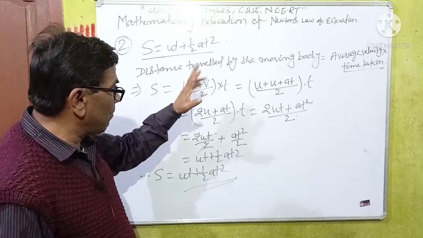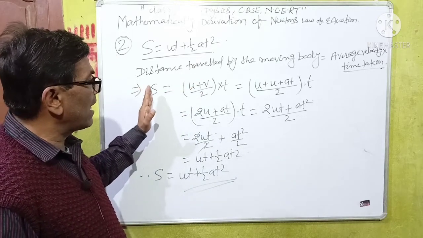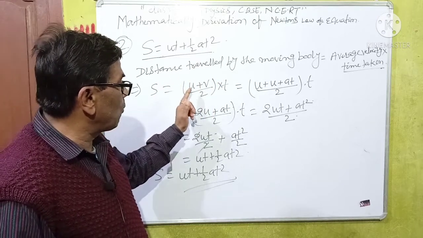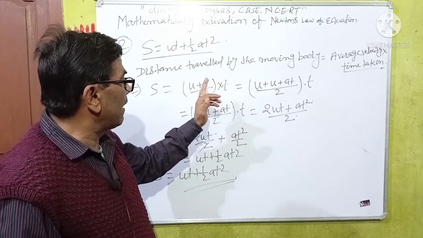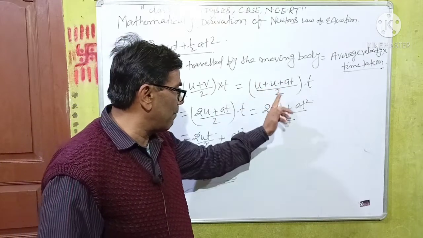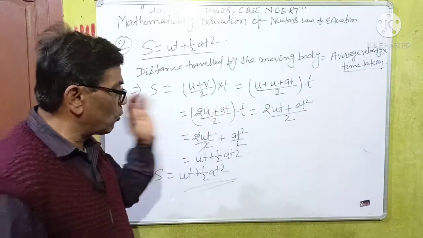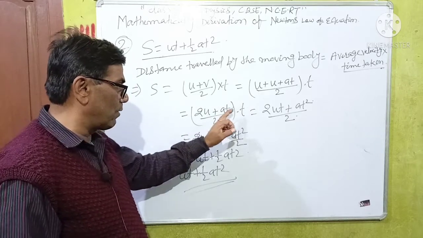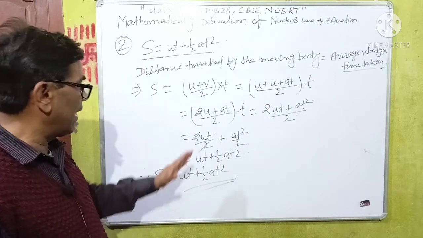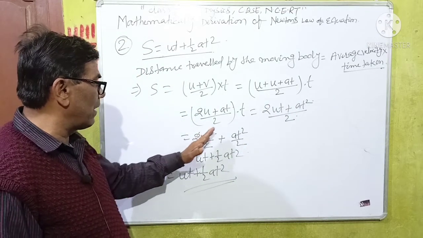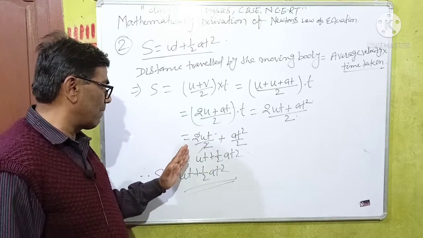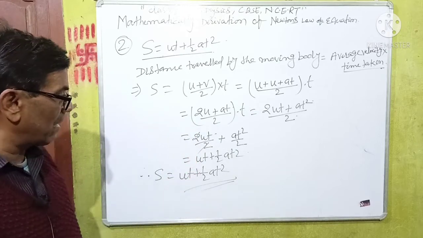Then s = average velocity × time, the average velocity is (u + v)/2 into t. Then we put the value of v, (u + at)/2 into t. Then u + u means 2u, so (2u + at)/2 × t = (2ut + at²)/2, and breaking it, 2ut/2 + at²/2. The 2 and 2 cancel in the first term, and we get ut + ½at².